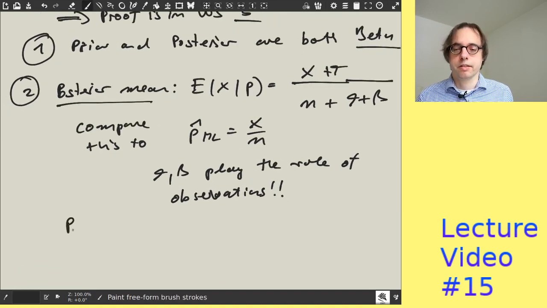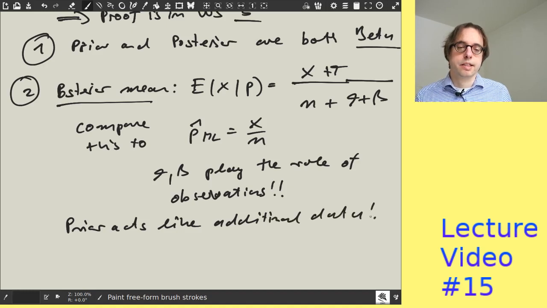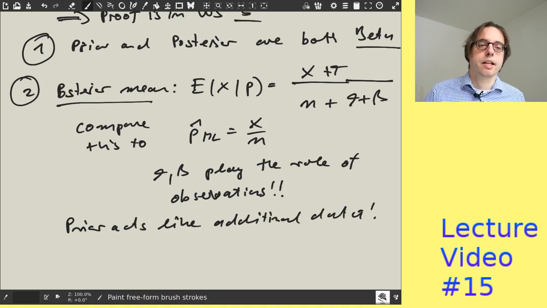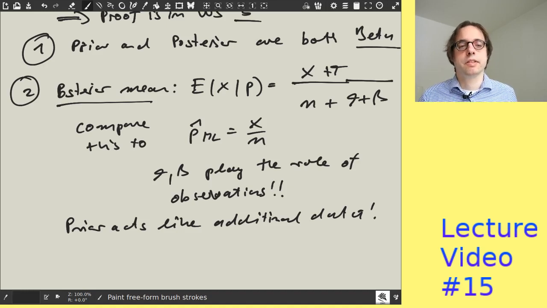So the prior acts like additional data, and this is why we're using Bayesian learning in the small sample regime, because when we don't have enough data, we basically have to sort of invent data, and this invention of the data is mediated by the prior. So there are no surprises here other than that.